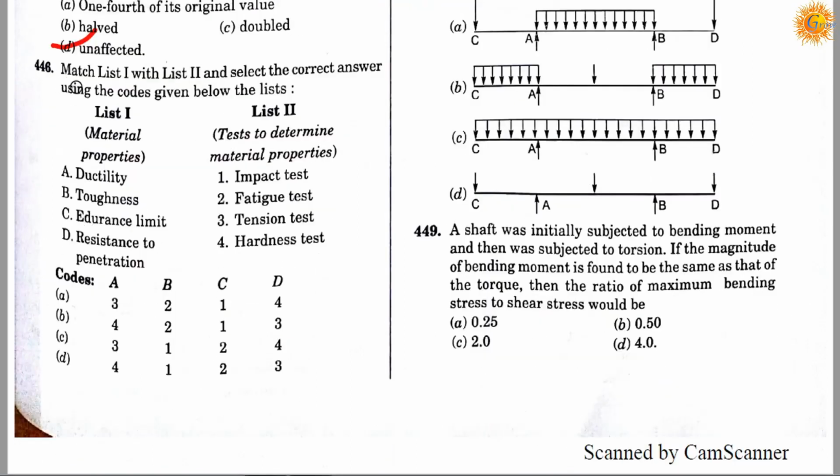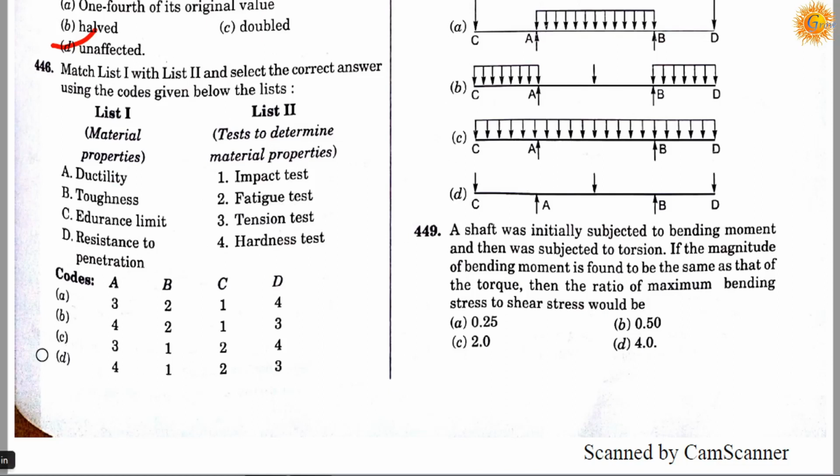Question number 446. Match the list first with the second and select the correct answer using the codes given below. In the first list there are ductility, toughness, endurance limit, resistance to penetration. In the second list are the impact test, fatigue test, tension test, and hardness test.